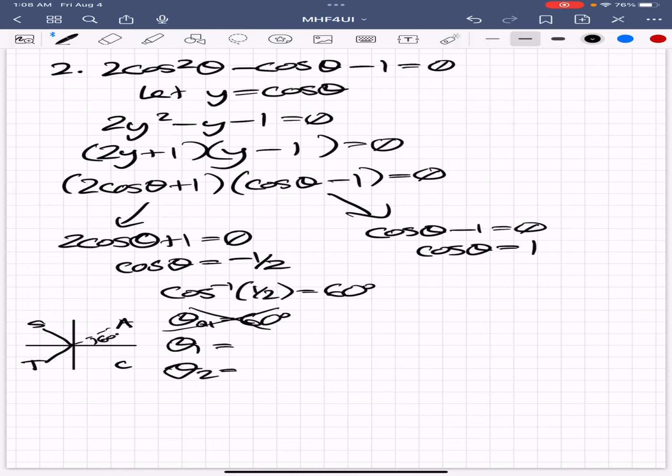So it's just 180 minus 60 degrees, and then 180 plus 60 degrees.